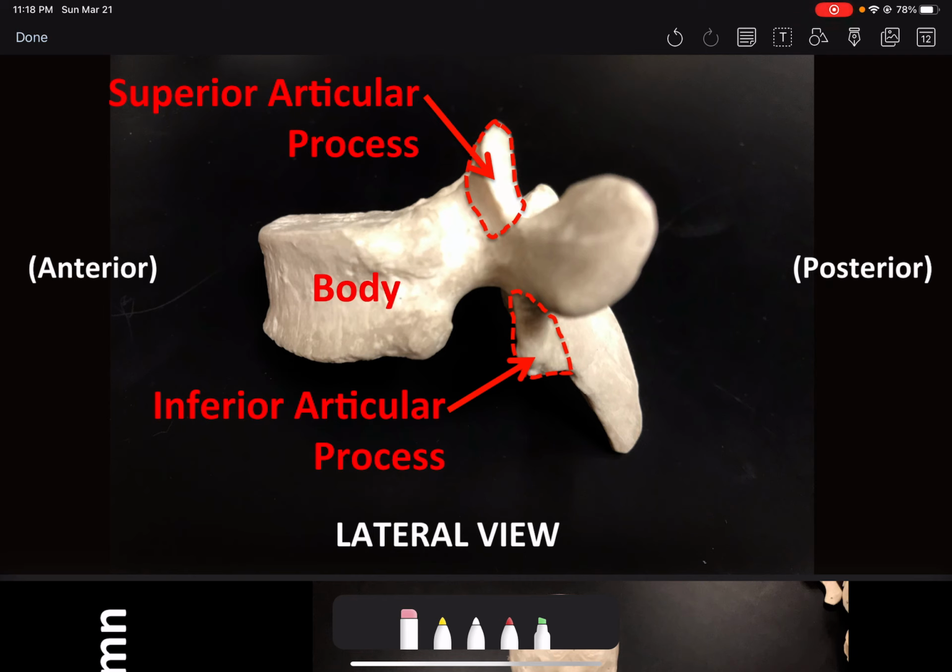All right. So again, on the other side, there's going to be another inferior articular process. So these inferior and superior articular processes are basically above and below the transverse processes. Right. And like we said before, the transverse processes are kind of wedged right there between the pedicles and the lamina.